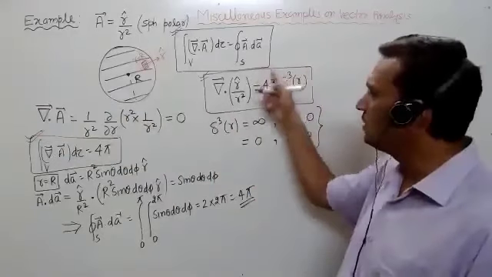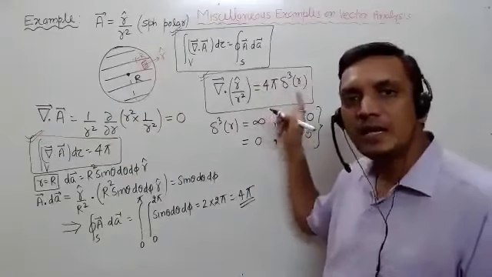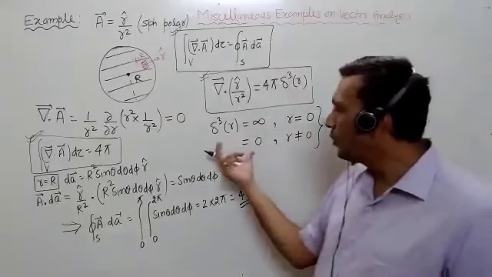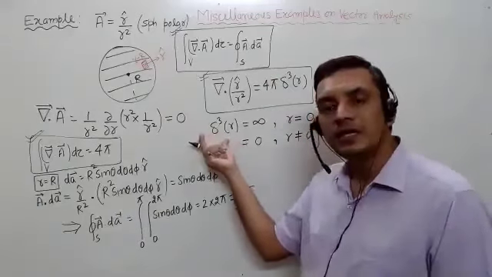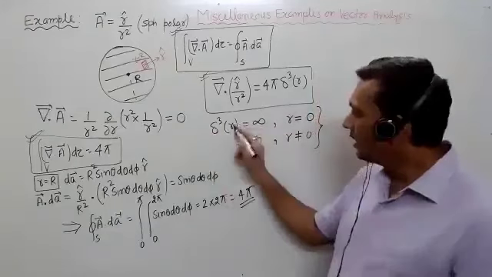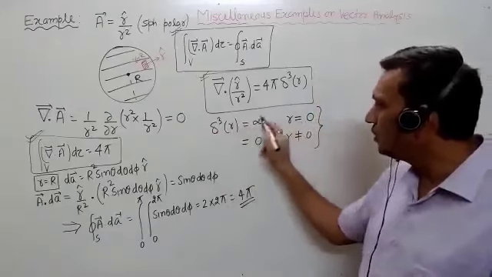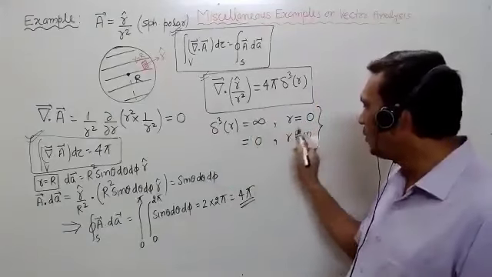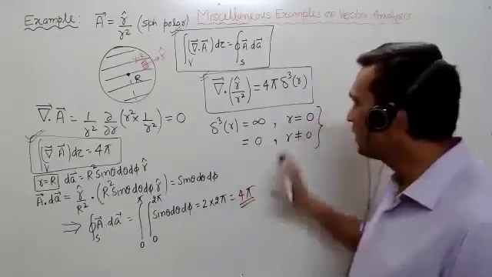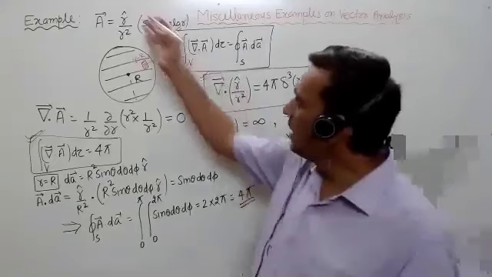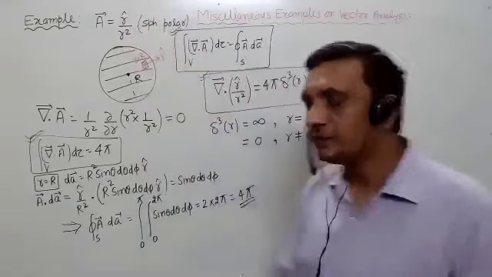That's why I have expressed this in terms of Dirac delta function. And you know properties of Dirac delta function. That is how Dirac delta function is defined. That at r is equal to 0, this is infinity. At all other points, Dirac delta function is 0. Is it clear? How to express divergence of r cap by r square?